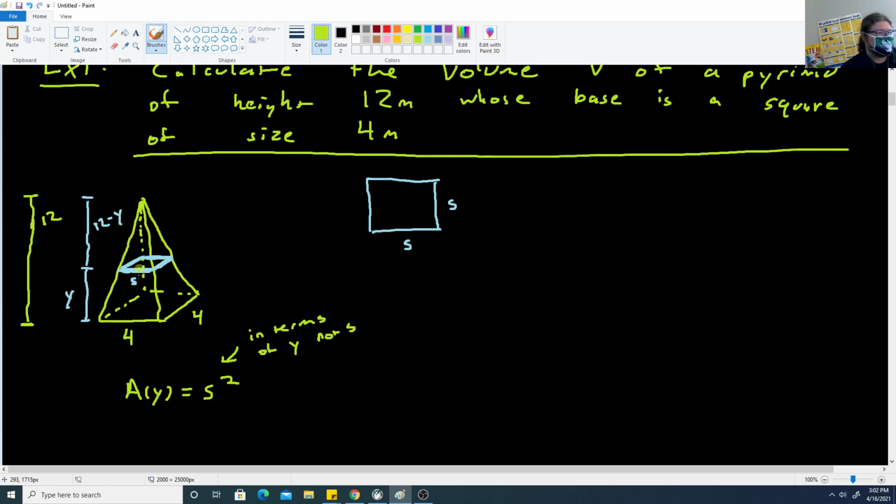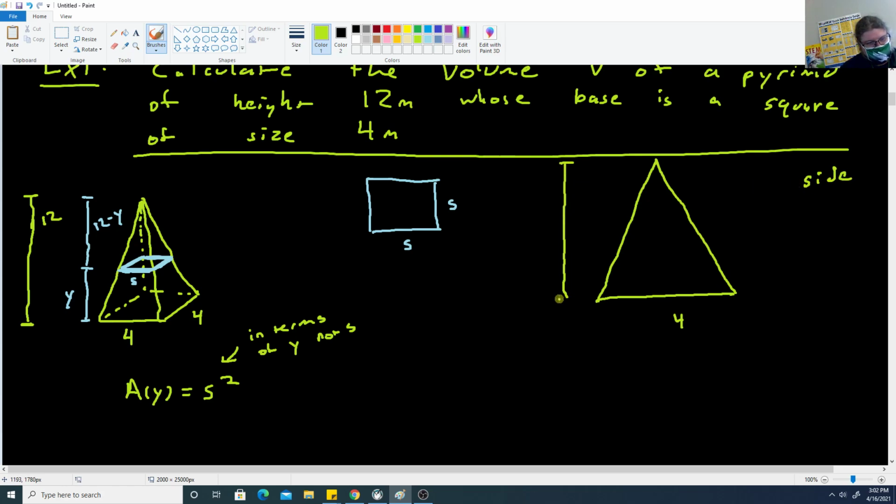So this is where I'm going to use the side view and some similar triangle stuff. If we look at our pyramid, the base here is 4. It goes up 12 meters. This is the side view of our pyramid, and we'll say it goes up to a height of 12.